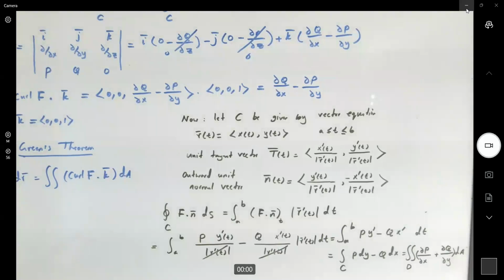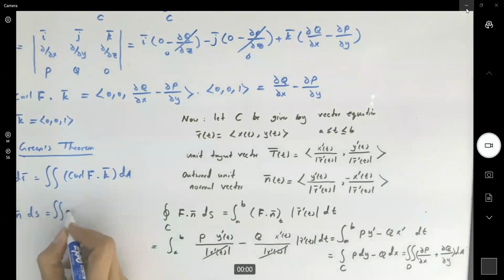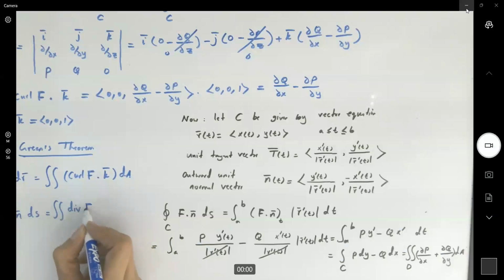So the second formula is the line integral of F dot n ds is equal to the double integral of the divergence of F dA over region D.